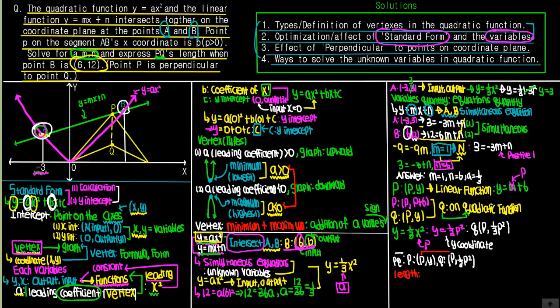There is no difference in the x value, there is a difference in the y value, but the point P was p plus 6. So the difference between them will be p plus 6 minus 1 over 3p squared. This is what our answer is going to be. p plus 6 minus 1 over 3p squared.